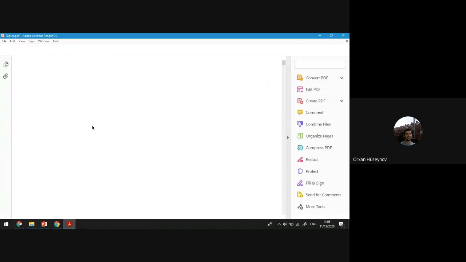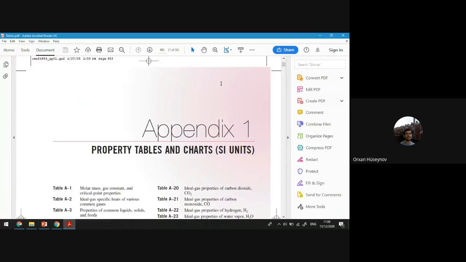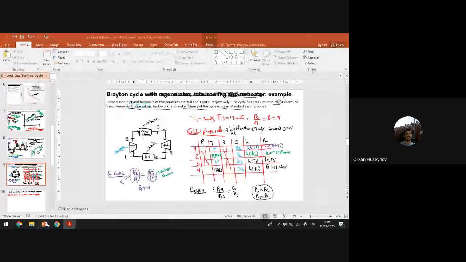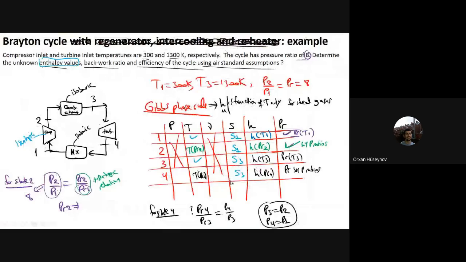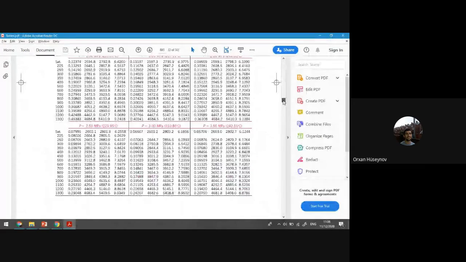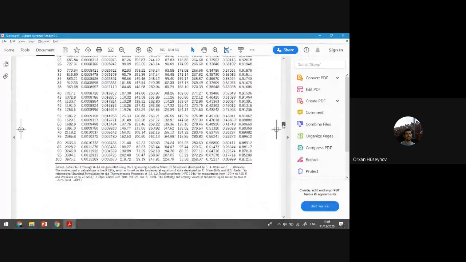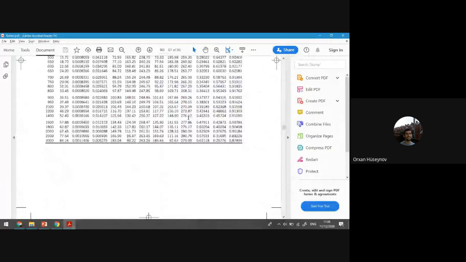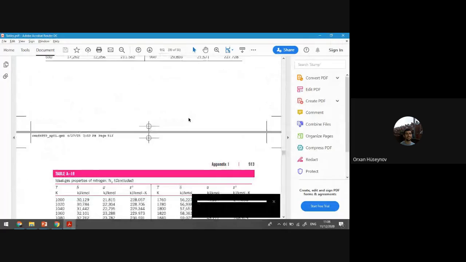We are only working with this ideal gas, which is air. Now I'm going to the air chart here, which is A18. So let me go back to that chart.